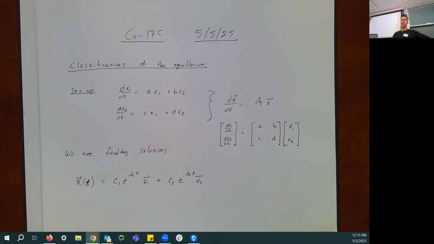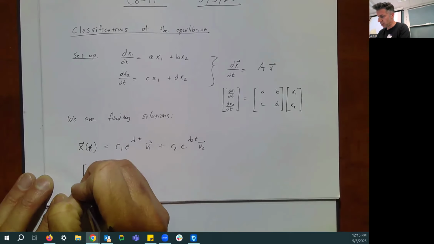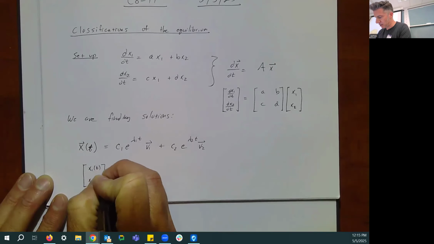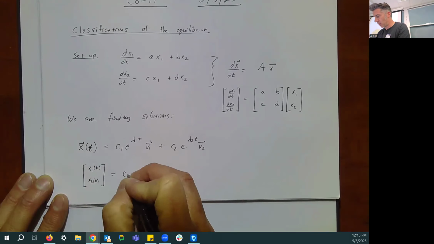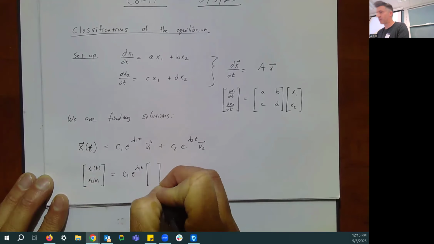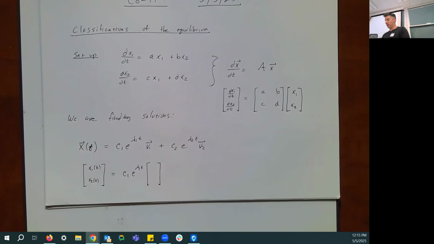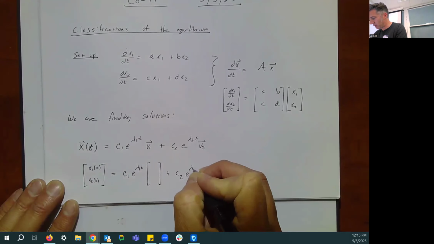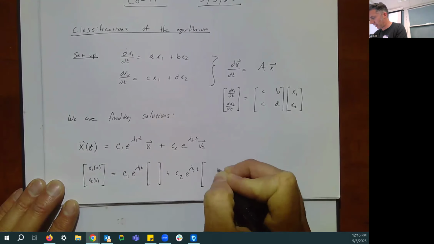When you find this, this way of writing it is really two solutions. Your vector x1 of t, x2 of t is equal to c1 e to the lambda 1 t times whatever your first eigenvector is, plus c2 e to the lambda 2 t times whatever that second eigenvector is.